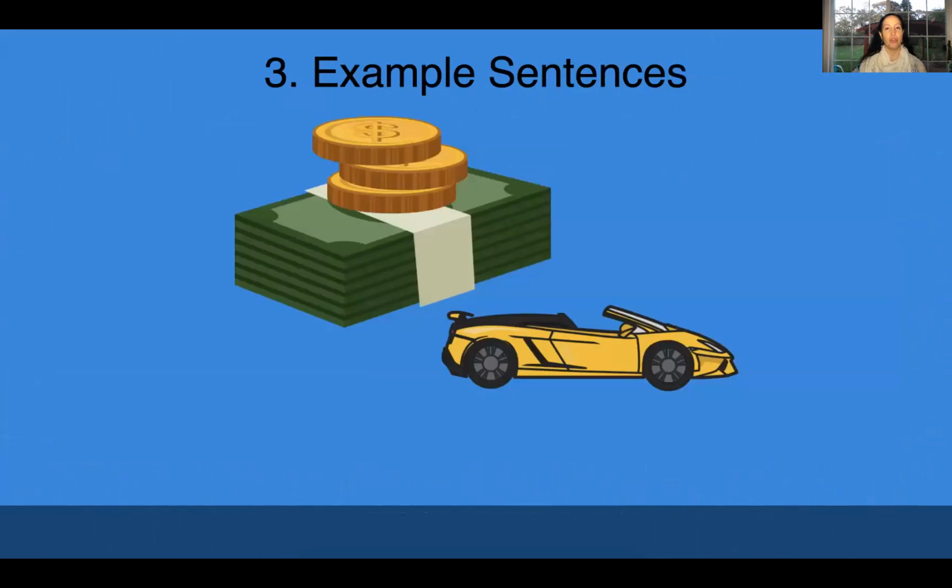Okay, so if you looked at these two pictures, we have money and we have a car. What do you think the second conditional sentence would be if we use the if clause in the past simple tense and then the would plus the infinitive verb, which is your future tense? What would it be?